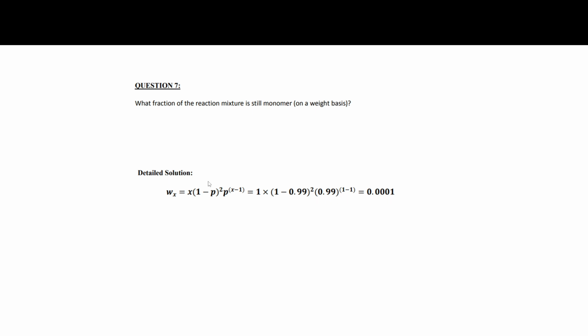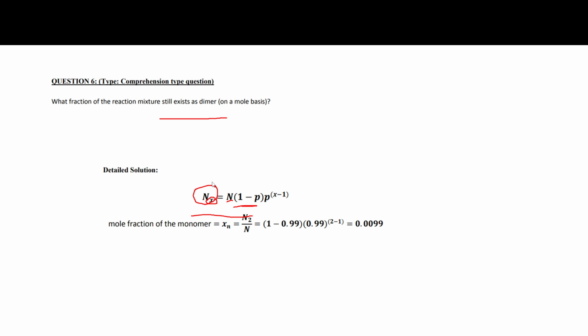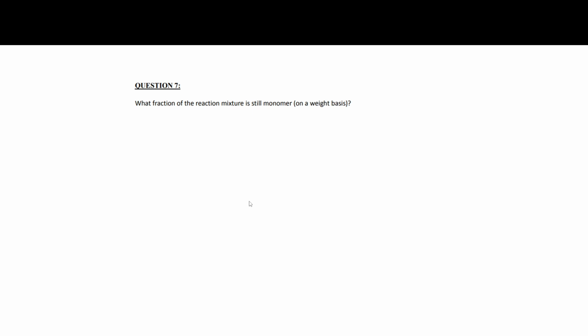so we can calculate. In the earlier case, the total number of moles in the reaction was 2 if 1 mole was taken. Now when we are talking about the weight fraction, the total weight fraction is always 1. So p to the power 1 minus 1 becomes 1, so it will be 1 into (1 minus 0.99) squared, and the weight fraction of monomer still in the reaction mixture, Wx, will be equal to 0.0001.